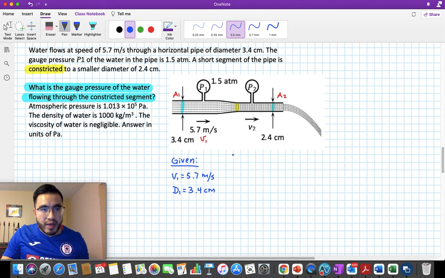And then we have the gauge pressure P1, so pressure 1 will be 1.5 atmospheres.